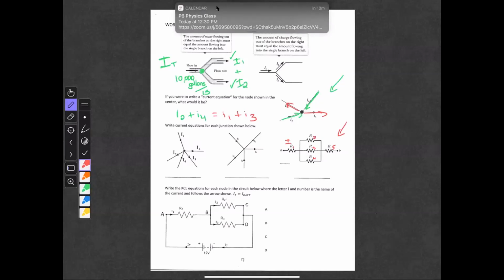So what we know is that the current that goes into the junction, I total through R1, what would happen to the current? Well, it's going to get split so that R2, R3, and R4 get some, but, oops, let's clean that up. I don't mean to write R. I mean to write I2 plus I3 plus I4.